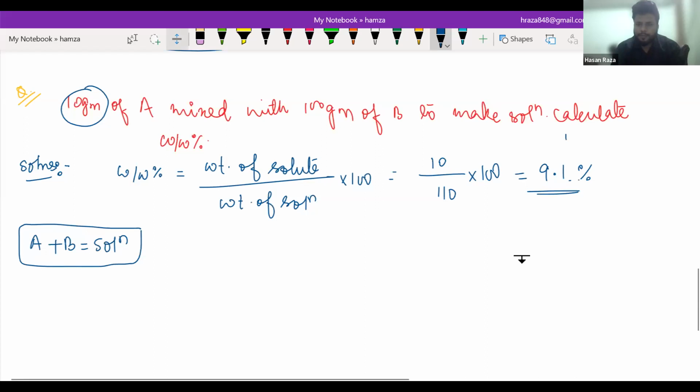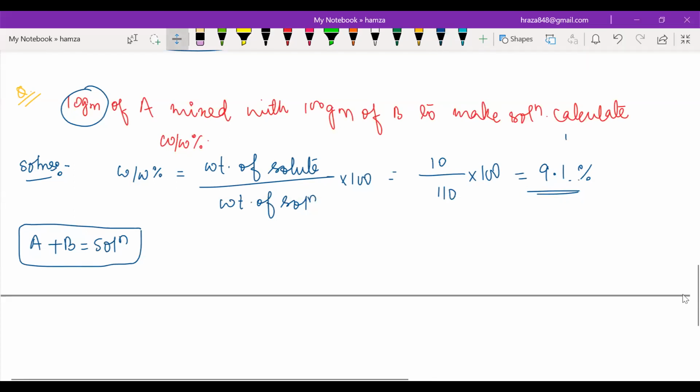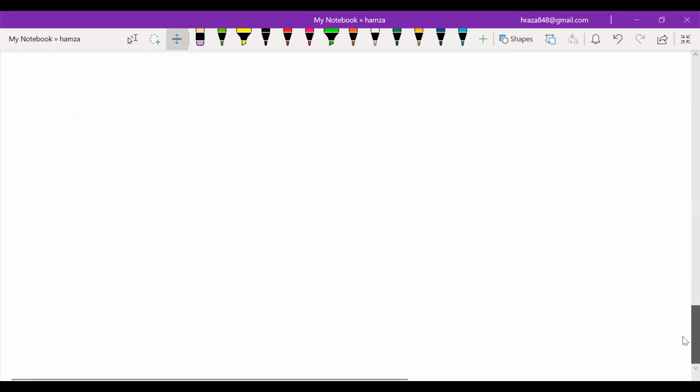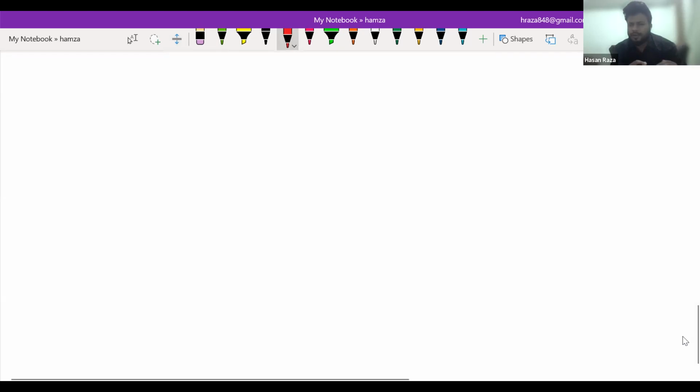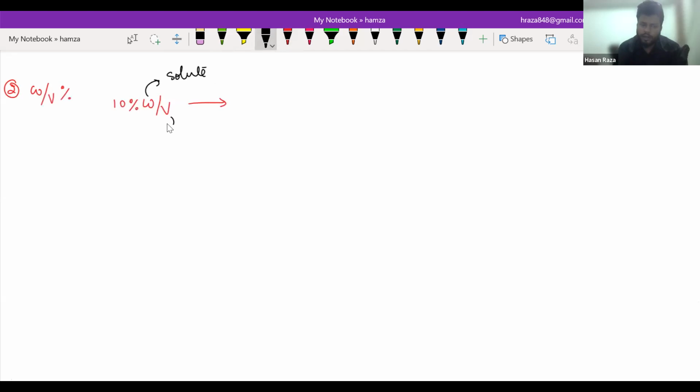Hamza, are you done with this? Yes, sir. Okay, now see, second and basically first, second, and third terms are same. Second concentration term was weight by volume percent. If it is given that 10% weight by volume, what does this mean? I already told you that this is for solute, and in denominator this is for solution.